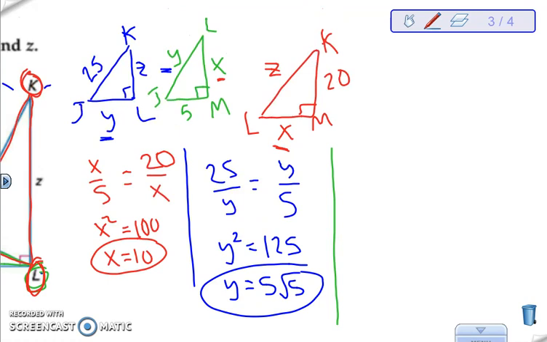Finally, to get Z, we have a Z here and a Z here. So we can go Z over 20 equals 25 over Z. So Z squared is equal to 500.